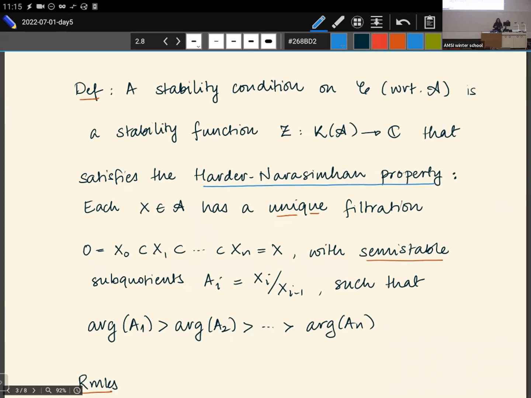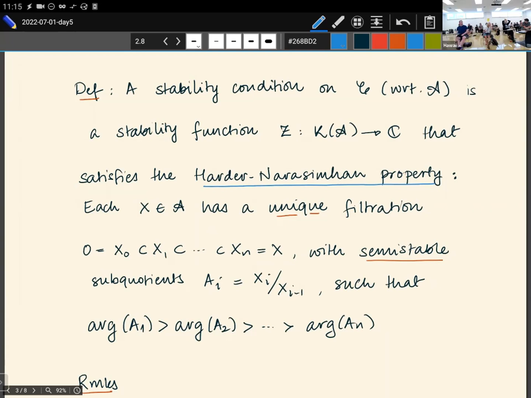There's not a way to do that unless you have something else floating around. But in this case, it's very nice because it's really the first Harder-Narasimhan piece and the second Harder-Narasimhan piece makes sense. So this is going to be important somehow. Okay, I want to pause here. Are there any questions?